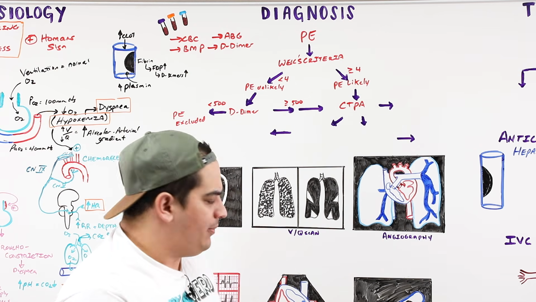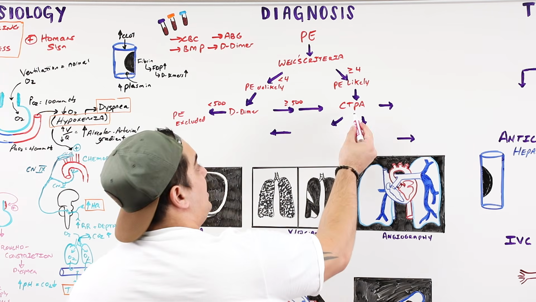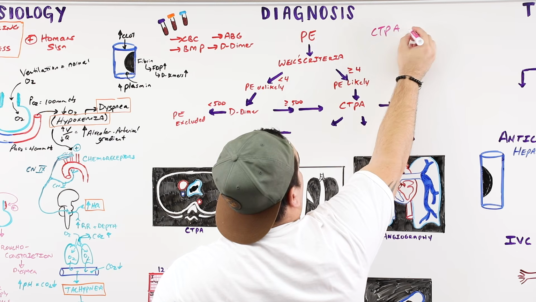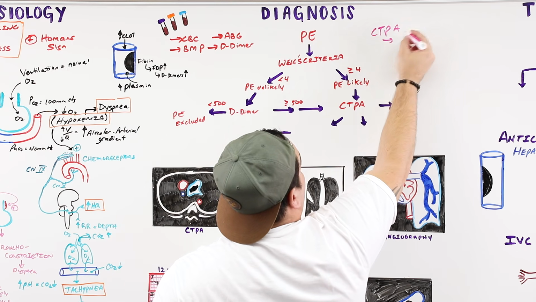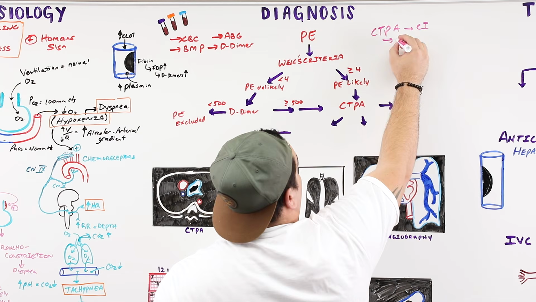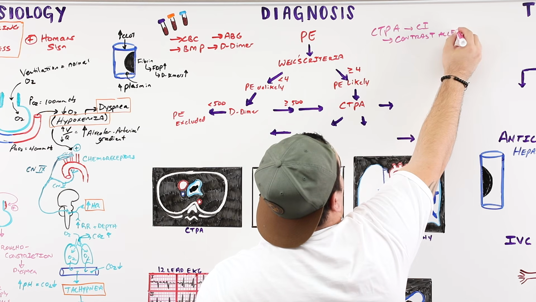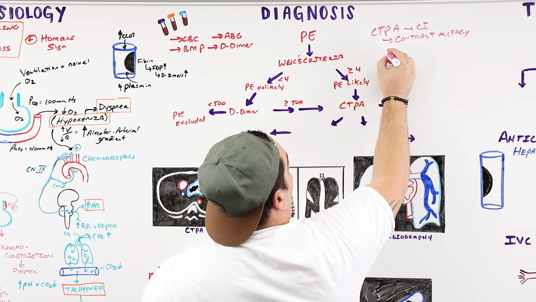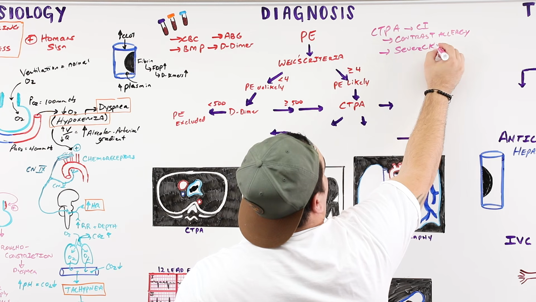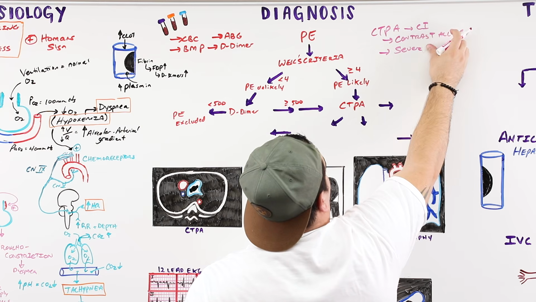A big thing to remember, let's do this one in pink so that you guys don't forget, is that sometimes you can't get a CTPA done, okay? Let's say there's a contraindication to it. For whatever reason, let's say you get contrast allergies, you go into full-blown anaphylaxis, or you have severe CKD with a very low GFR, and you're at high risk for contrast-induced nephropathy.